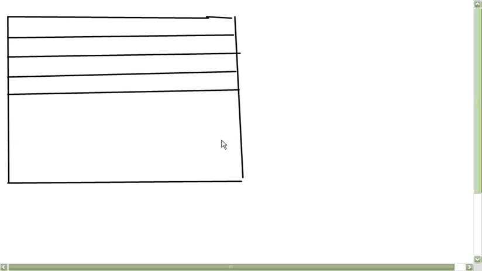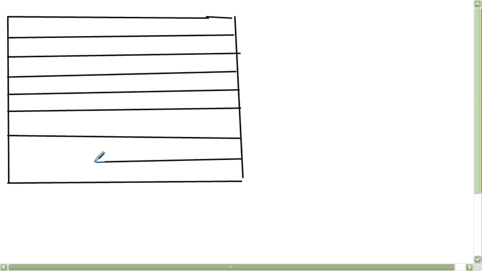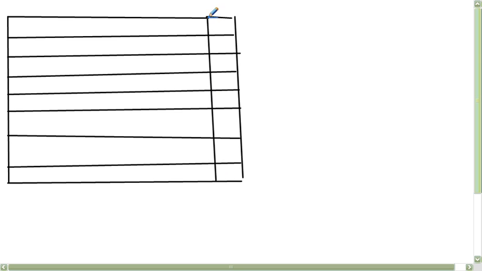Okay, so whoops. There's my last. That's like my B vector.